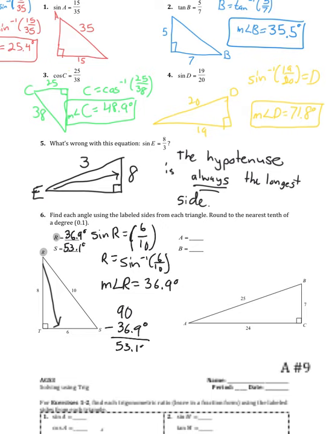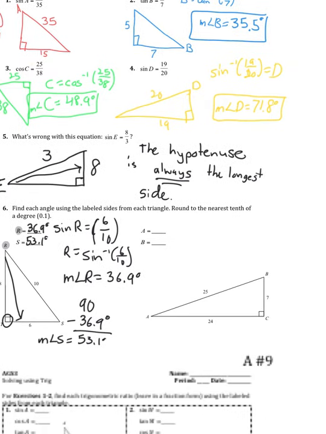So I need to say 180 minus 90 because there's a right angle there, and I'm going to have another 90. And then I could say, well, the other two angles have to add up to 90 then. So I do 90 minus 36.9, and I get 53.1. That's how I can find the measure of angle S really quickly instead of doing another trig function. It could save me a little bit of time there. That's the idea with problem 6.